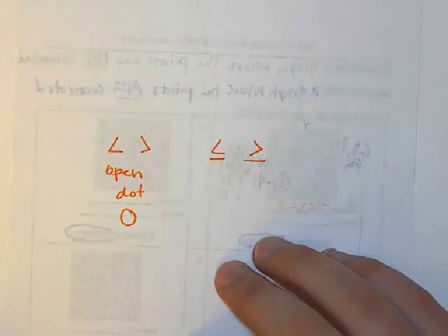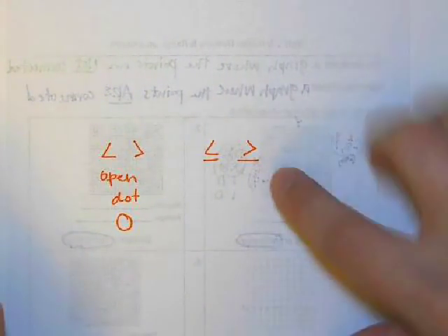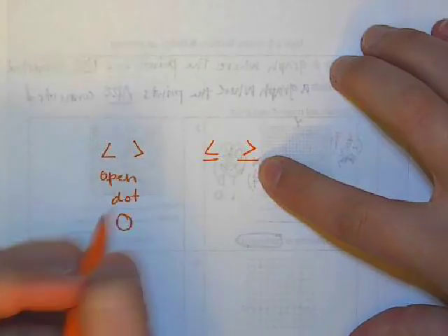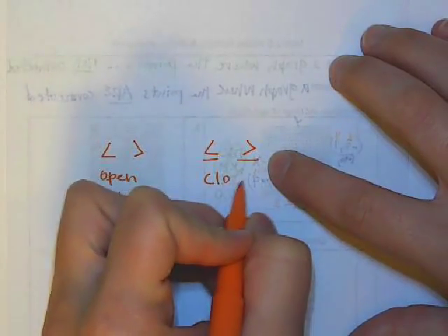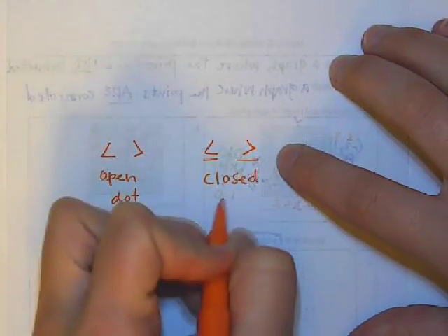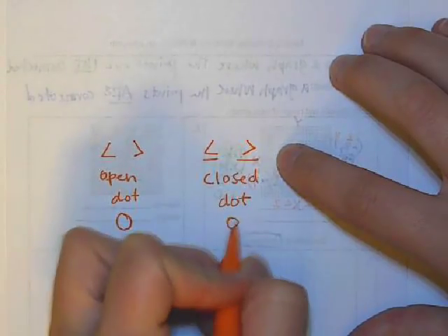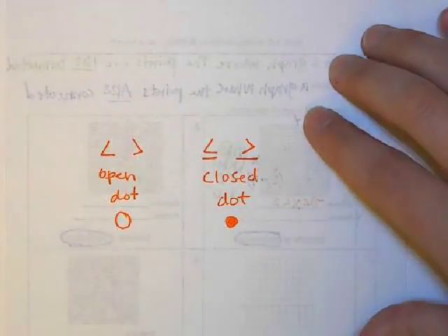If it has solid lines underneath, it's going to be a solid dot, a closed dot, like this. Everybody understand? Yes.